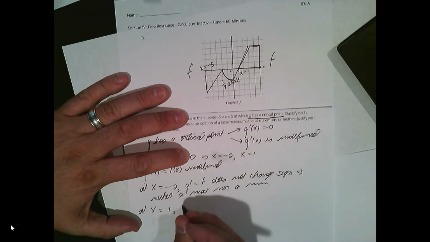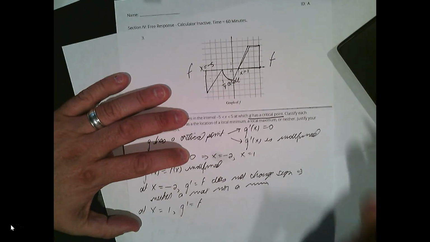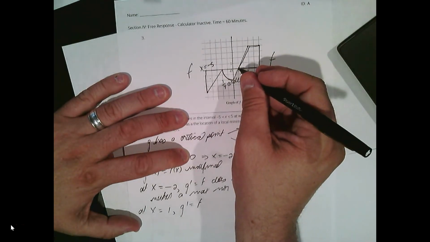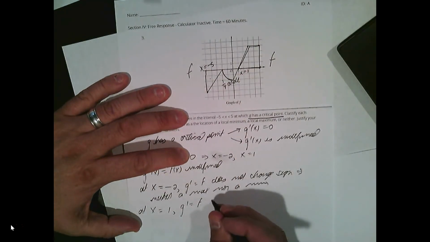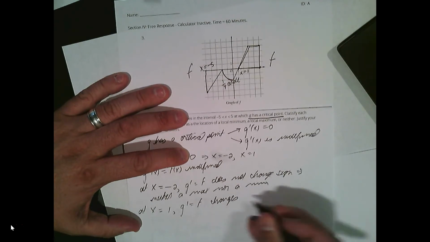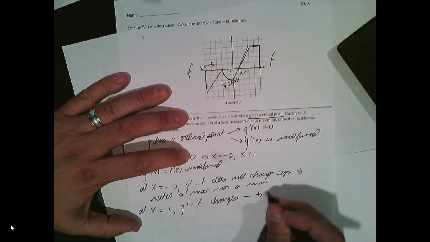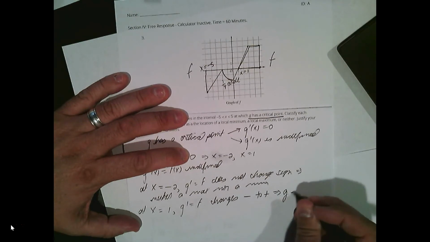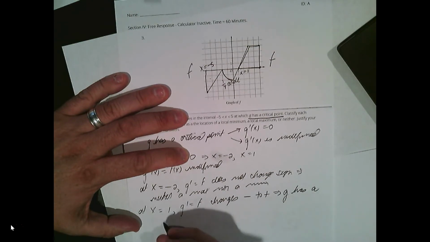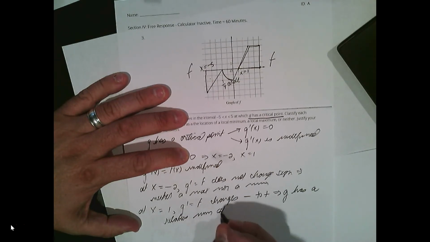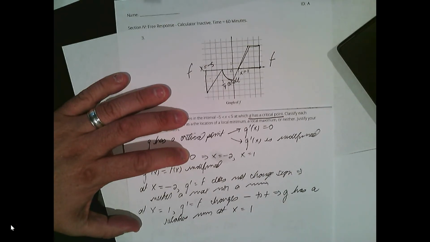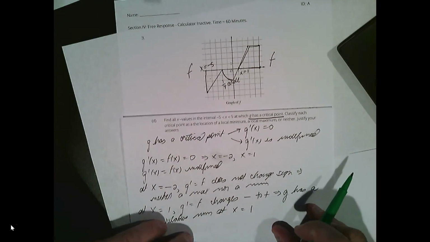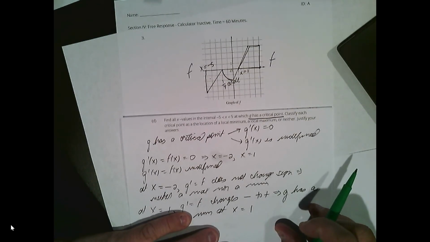However, at x equals 1, g prime, which is equal to f, makes a change from being below the x-axis to above the x-axis. So g prime changes from negative to positive, which means that g has a relative minimum at x equals 1.